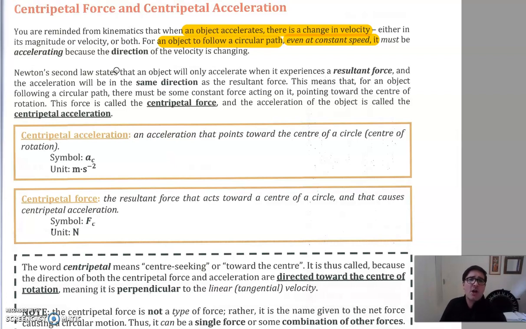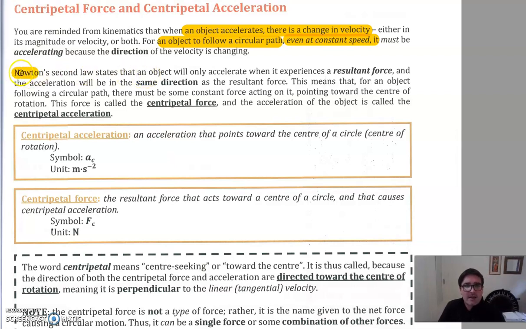Now, in the case of centripetal force and centripetal acceleration, both of them will be in the same direction. Why will they be in the same direction? Due to Newton's second law, which says that an object will accelerate in the direction of the resultant force.